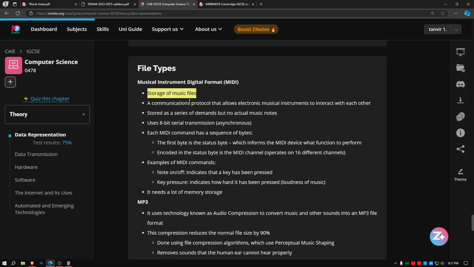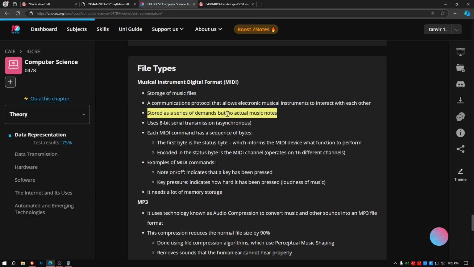It stores music files, sure, and it is a communication protocol that allows musical instruments to talk with each other, sure. You can keep this in mind too, and you can also keep this in your mind if you want. But this one is a 50-50 hit or miss. This might come very, very rarely, once in, I don't know, 5 years, 10 years.